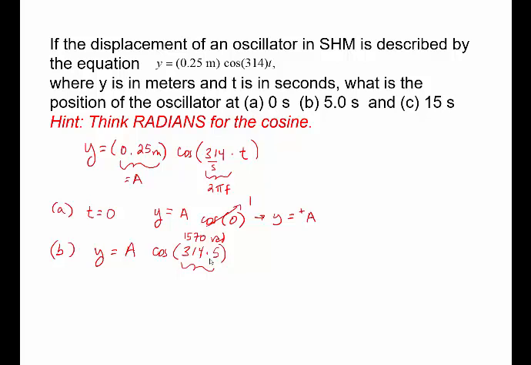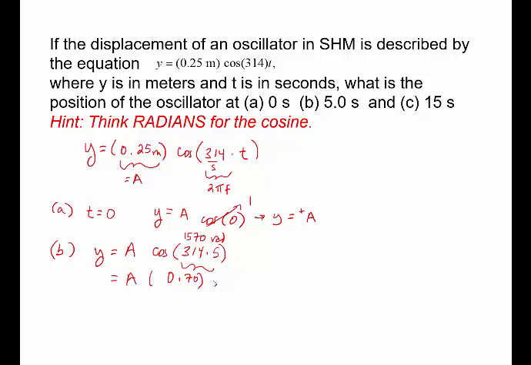And now I have the cosine of 1570 is 0.69933699993. And so I have A times, I'm just going to call it 0.70.